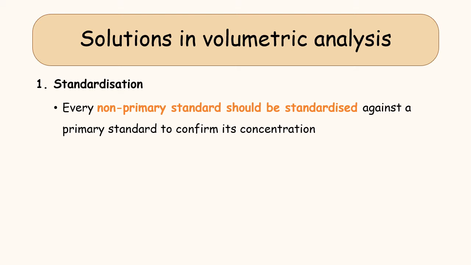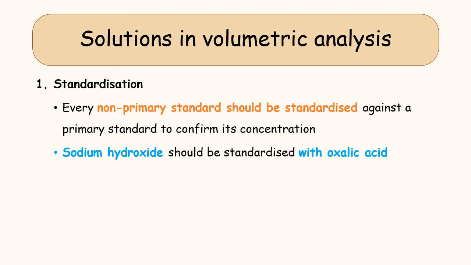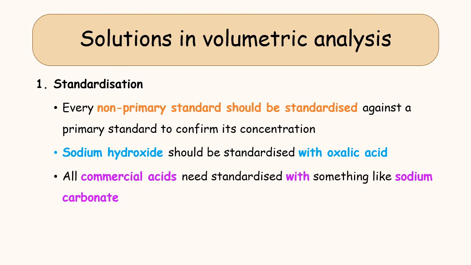So it is important that you go back and make sure you know what are the 6 or 7 primary standards that you need to know for Advanced Higher. Most of your common chemicals cannot be used as primary standards because their GFM is too low. So one example would be sodium hydroxide, and sodium hydroxide should always be standardized with oxalic acid.